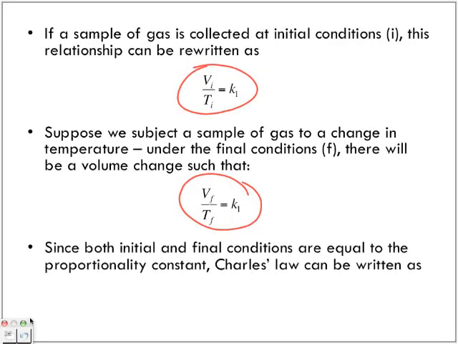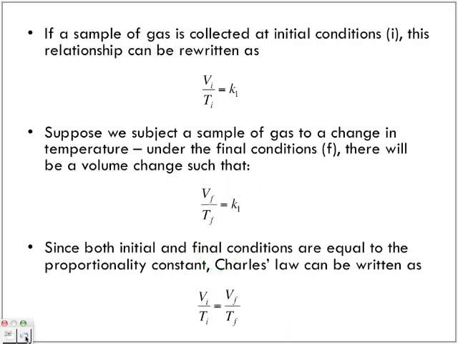So, since both initial and final conditions are equal to the proportionality constant, Charles' law can be rewritten as follows. The initial volume over the initial temperature in Kelvin is equal to the final volume over the final temperature.